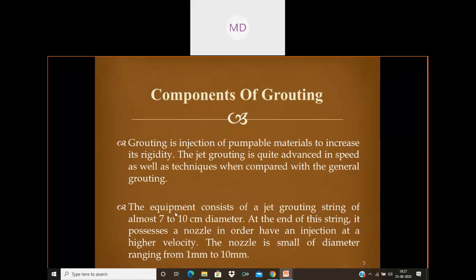The equipment consists of a jet grouting string of almost 7 to 10 centimeter diameter. At the end of this string is a nozzle, to give injection at a higher velocity. The nozzle is small, with a diameter ranging from 1 millimeter to 10 millimeter. It's clear, I guess.